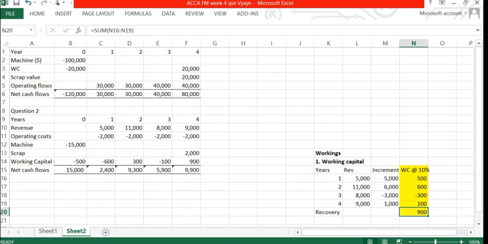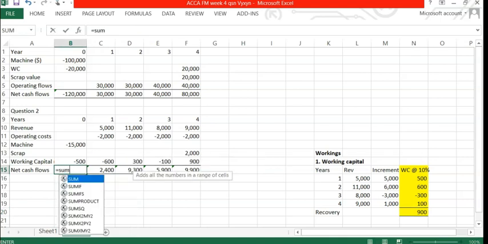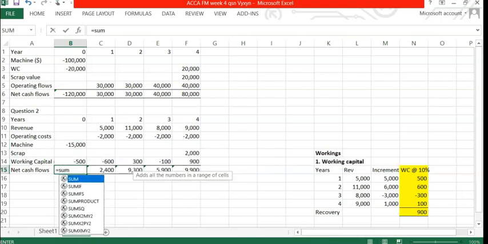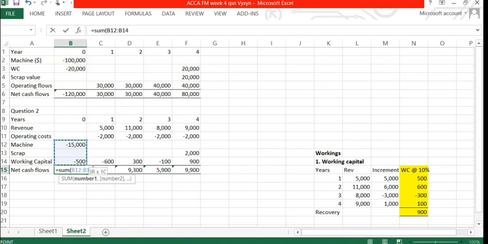So in this case here we need to adjust to sum, this figure, that figure, equals sign sum open bracket this figure, that figure, and press enter.